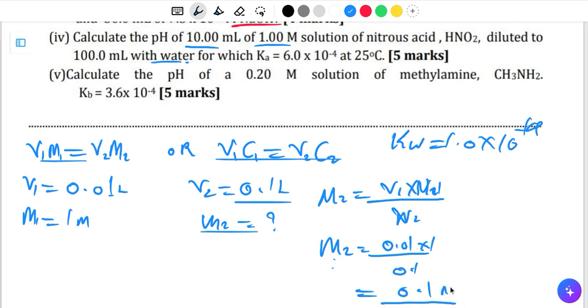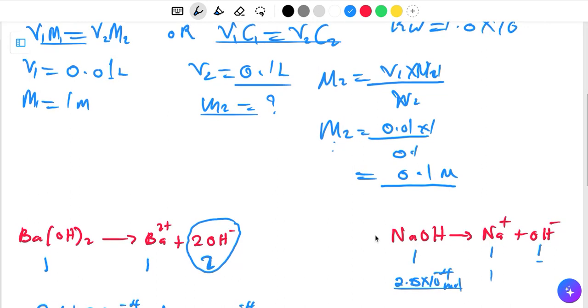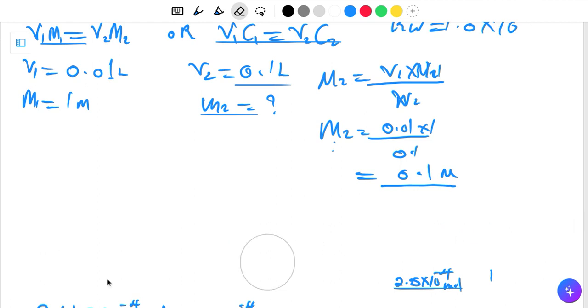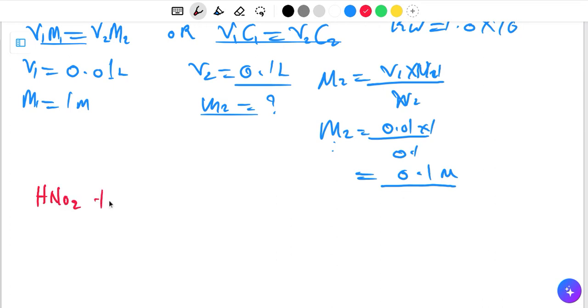Okay, so let's type now the ionization reaction, or the dilution reaction, of nitrous acid plus water. Then see what we are going to have. So we have nitrous acid reacting with water.